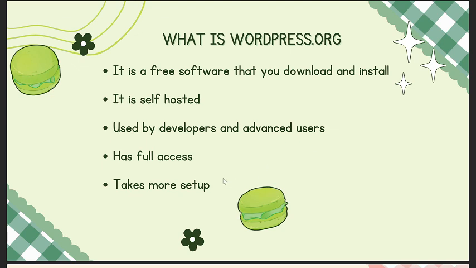You'd have to download and install it, and you would be the one to host it, unlike WordPress.com that is already hosted for you for free. You'd have to host it yourself and you'd have to pay for it. Then it's used by developers and advanced users. It has full access, unlike the other that has limited customization, and this one takes more setup.